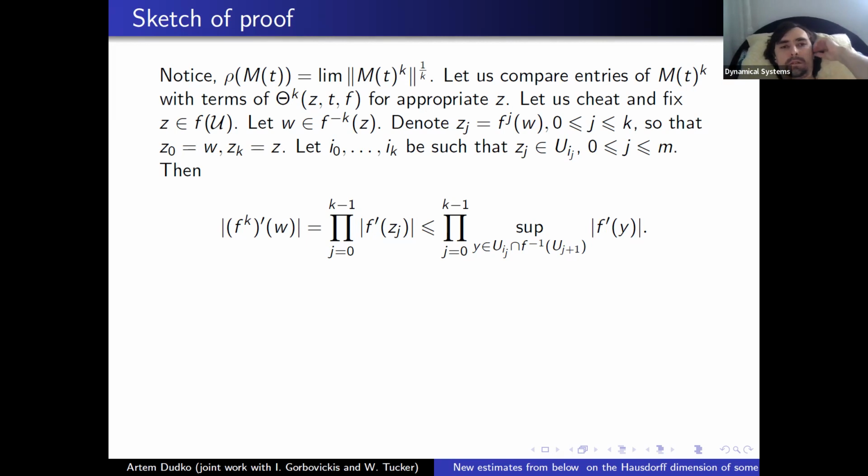Yes, in our case, to calculate this supremum, we just need to look over the boundary of the corresponding piece.